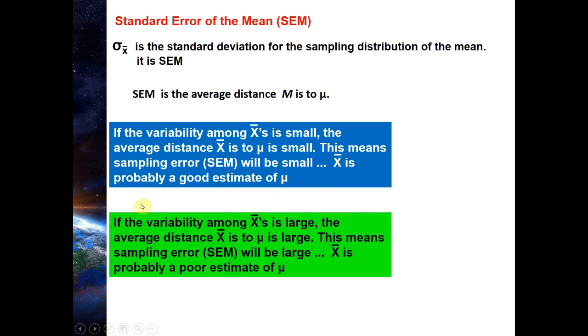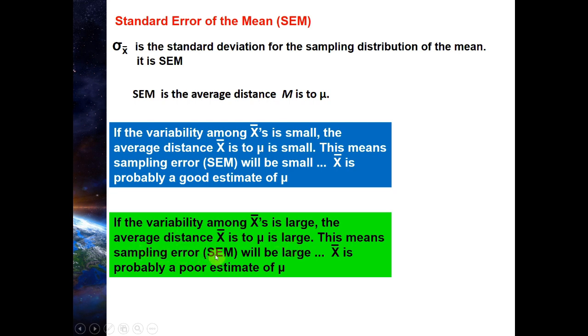Okay, now, the variability of your x bars is large. Remember, that means that they're all spread out. They're not agreeing with one another. So if that's the case, then the average distance x bar is to mu will be large. On average, they're far away.